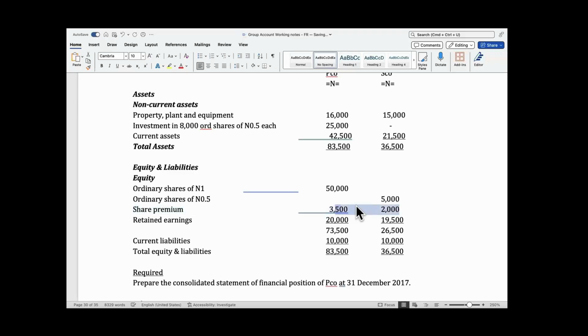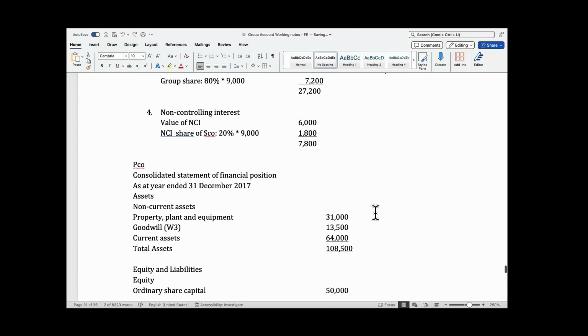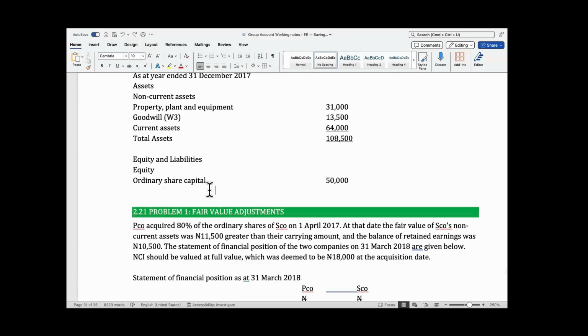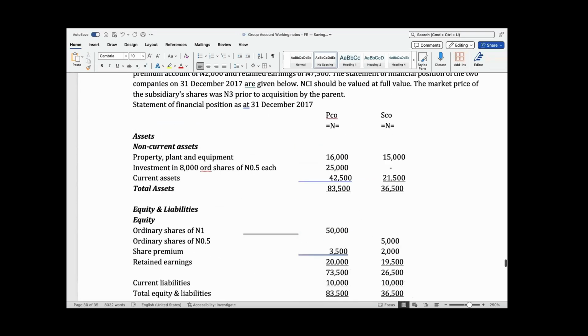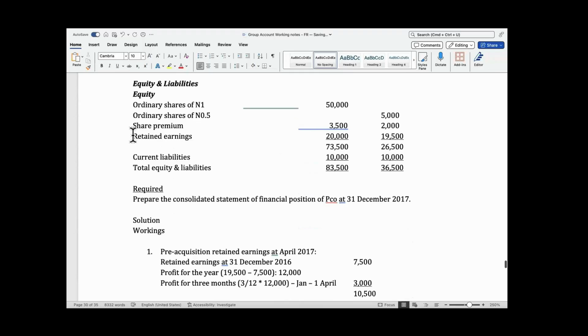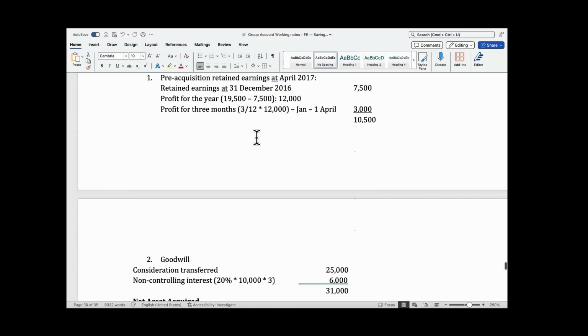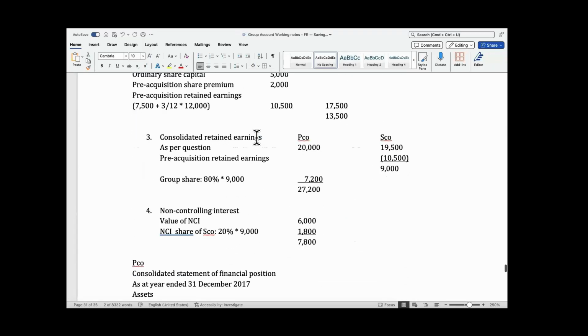This 2,000 has been cancelled out, so we'll consolidate only 3.5. Then consolidated retained earnings, which is working 3.